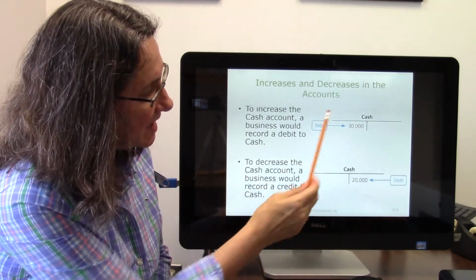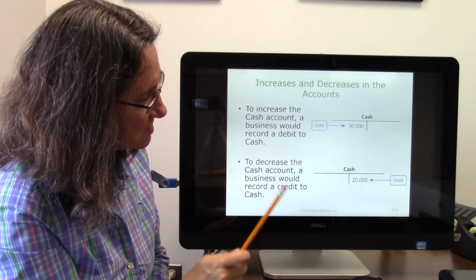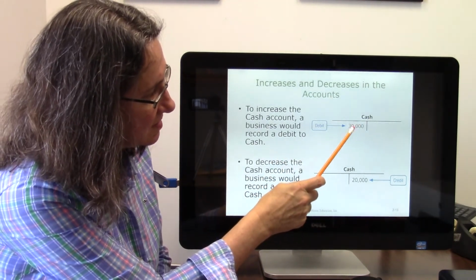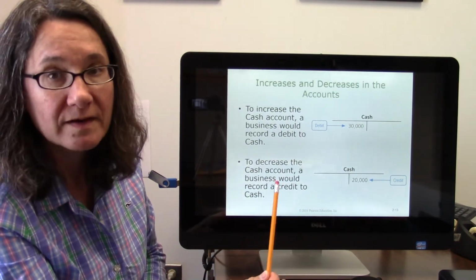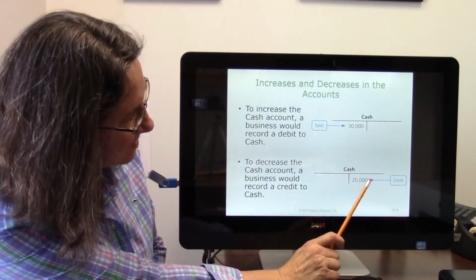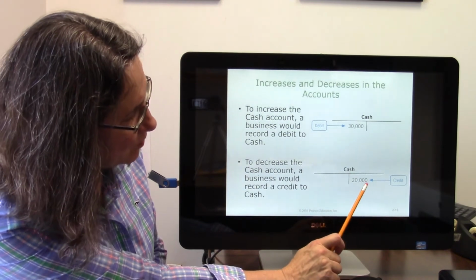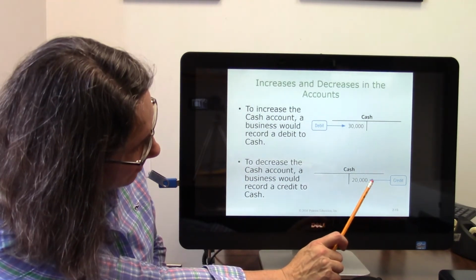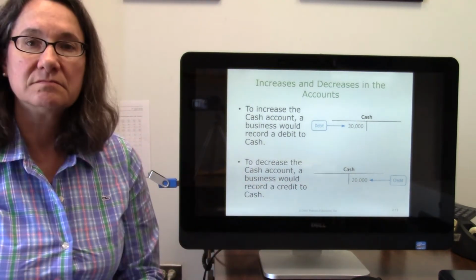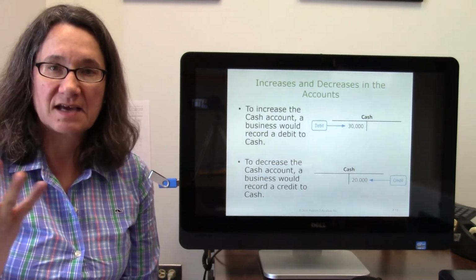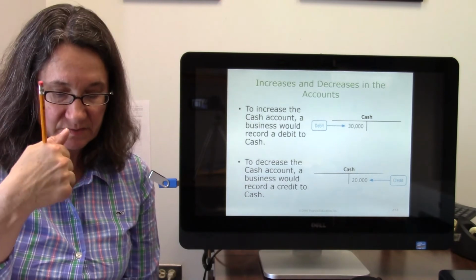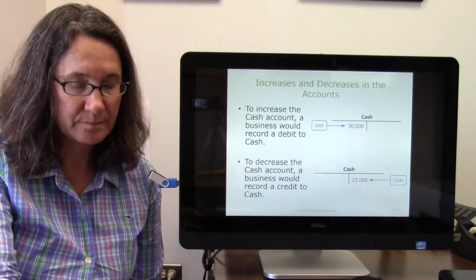Because cash is an asset, it increases with a debit. So if you're increasing it, you put the $30,000 on the left or debit side. If you're decreasing cash, you put it on the credit side. That's all that is. All assets, cash included, increase with debits, decrease with credits.